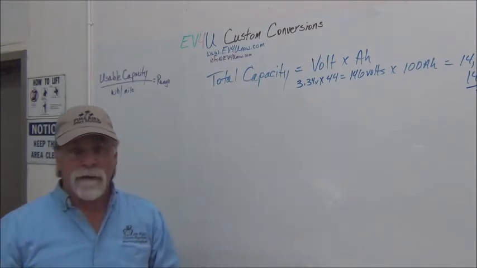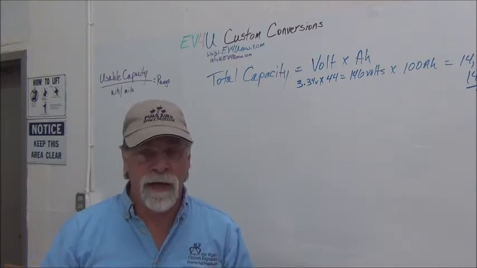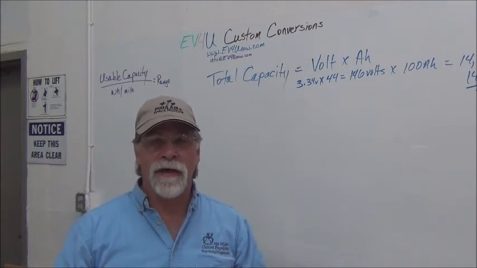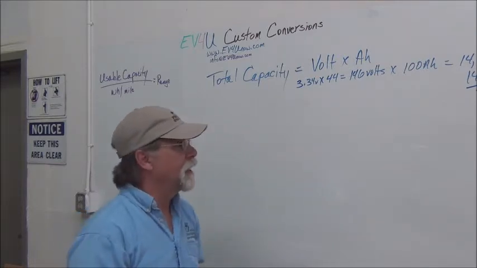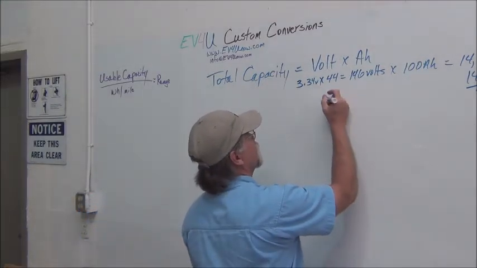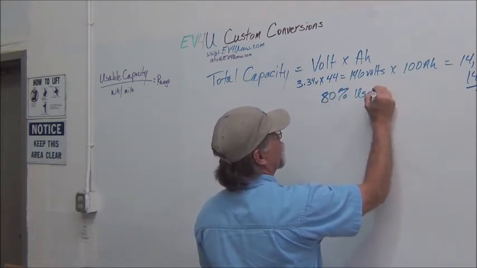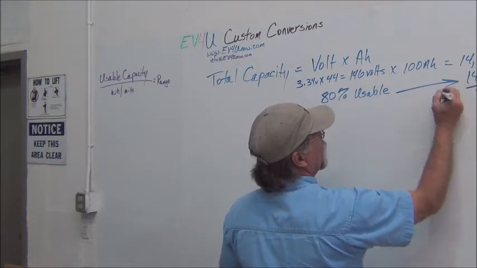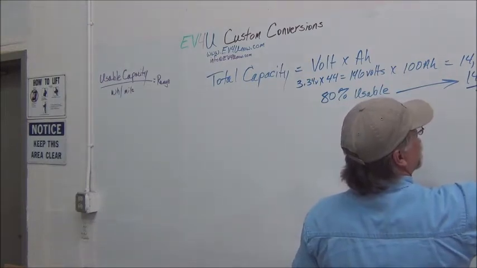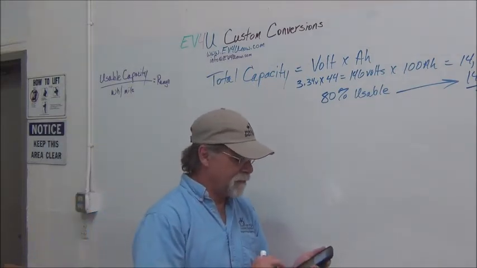Well, using lithium iron phosphate cells, or any kind of cell for that matter, typically you don't have 100% of the capacity as usable capacity. And with our lithium iron phosphate cells, 80% is usable. So if 80% is usable, that's going to be 80% of this, which is going to give us 11 something here, I believe.